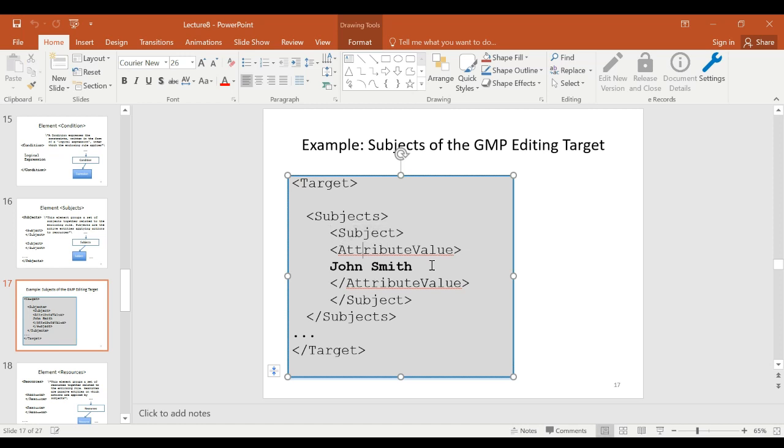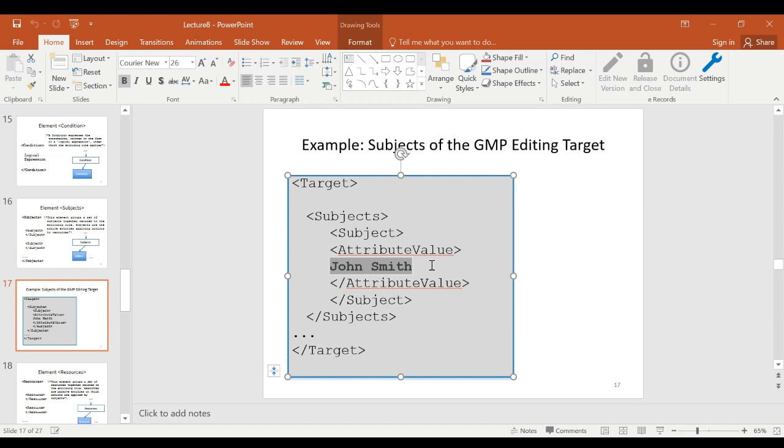And we always have to encapsulate all our data with something called attribute value. Okay, so this generic element attribute value is an element which is used to essentially say that what you will see next encapsulated is some piece of data.